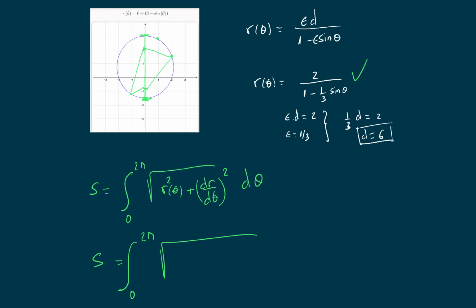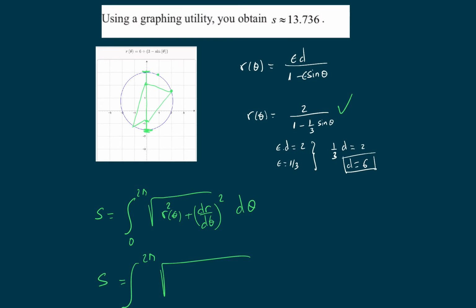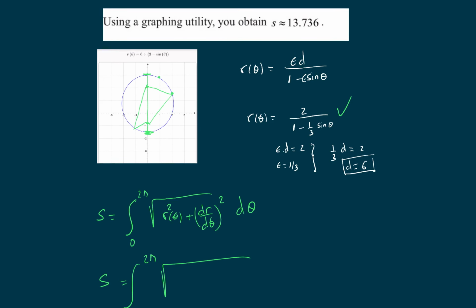This integral is named an elliptic integral, and they are difficult to solve. So this is 6 divided by 3 minus sine of theta, squared, plus the derivative of r with respect to theta. So r of theta is equal to 6 divided by 3 minus sine of theta.